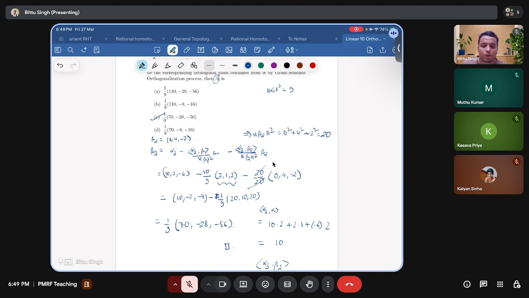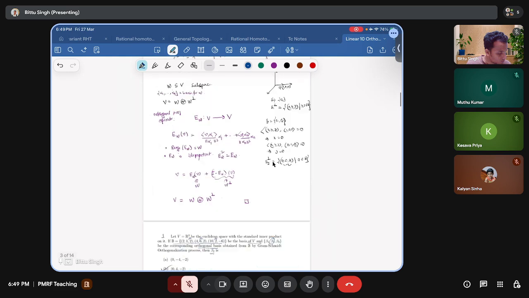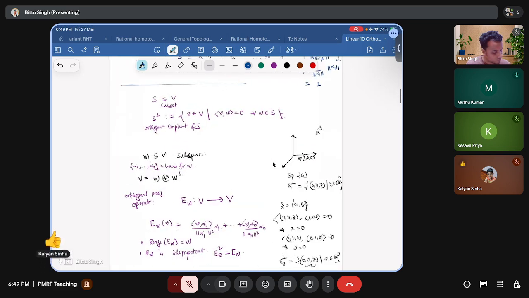Is it clear to all of you how we can orthogonalize the given basis using the Gram-Schmidt procedure?